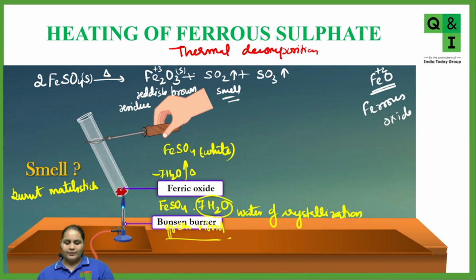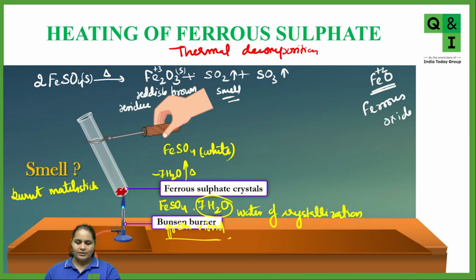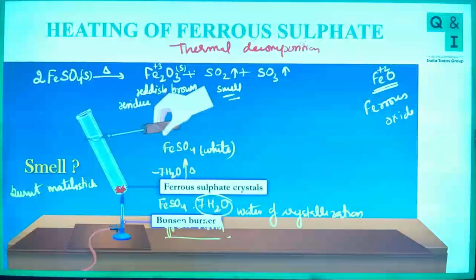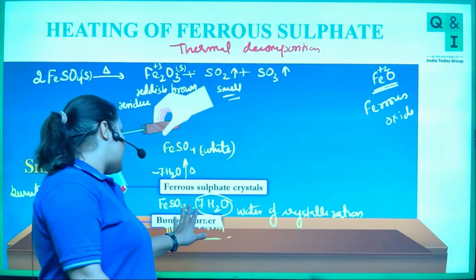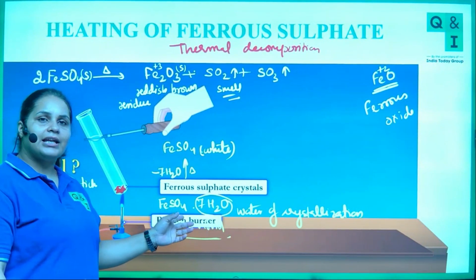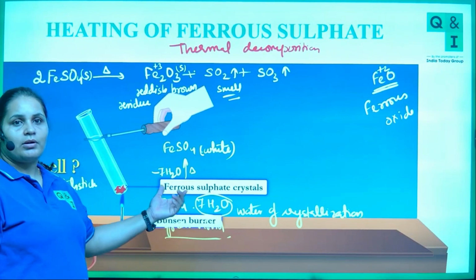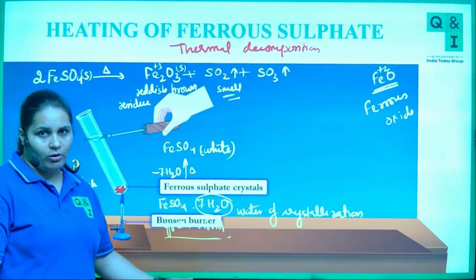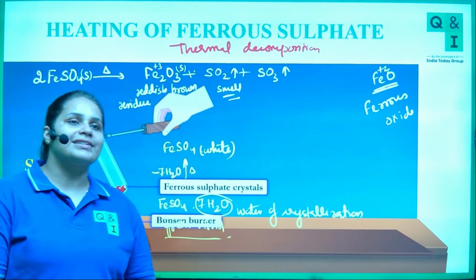Am I clear? Okay, let me repeat this once again. If you have any doubt, let me know. We took ferrous sulfate crystals, which are green in color, and we call them green vitriol. It has 7H2O molecules associated with it, called water of crystallization.